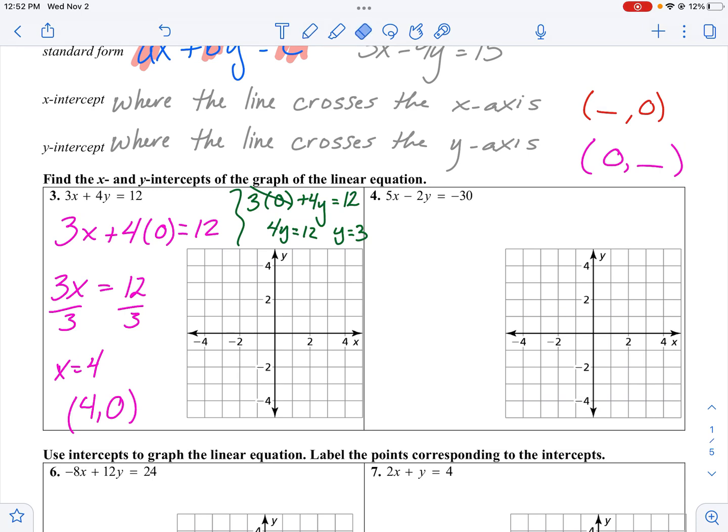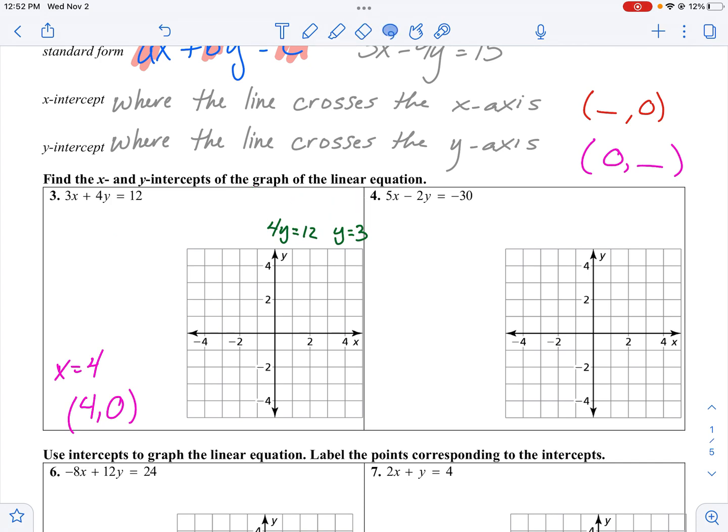So my x-intercept, let me erase some of this extra stuff. I'm going to erase a lot of that work. You can always pause the video and go back and look at all that work later on if you'd like to. My y-intercept would be 0, positive 3.